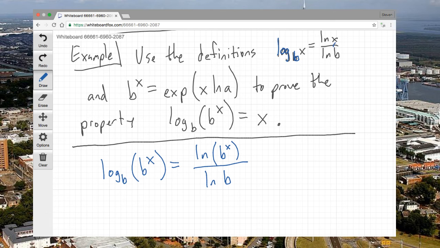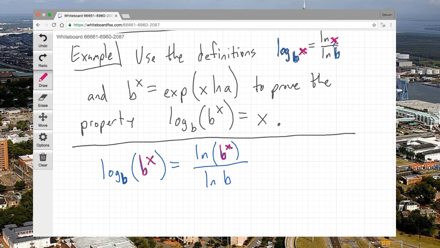That b here has to do with this b here. It's the same as this b down here. That's not different. The only thing that's different is the x's. We have an x here, but down here we have b to the x. So we have to have a b to the x on the top.